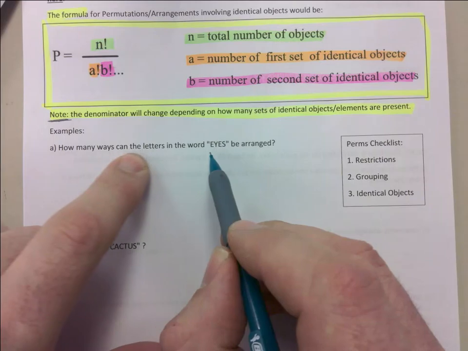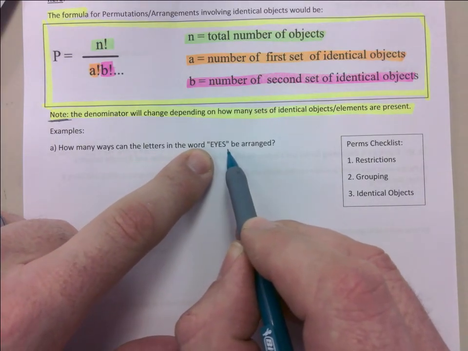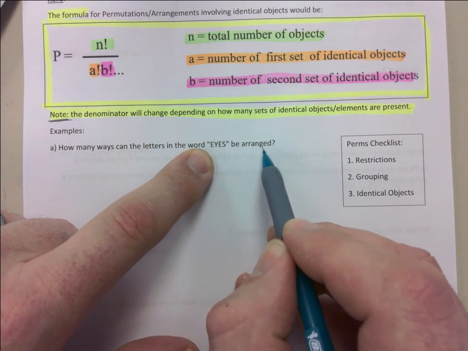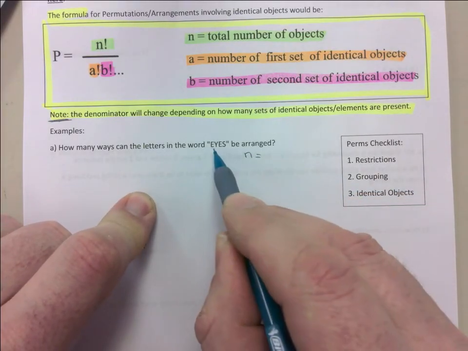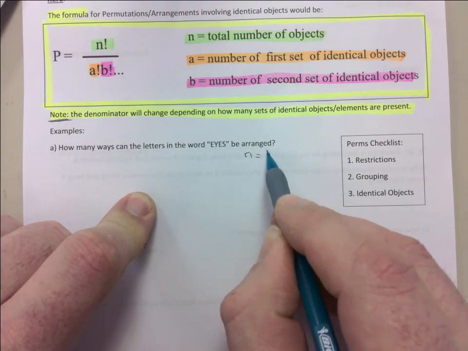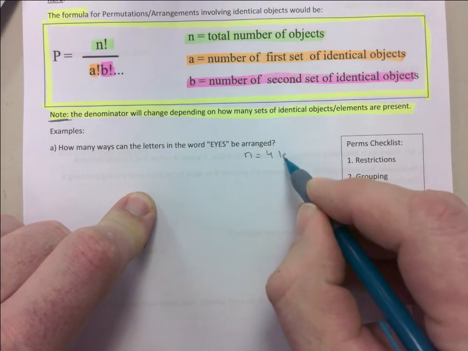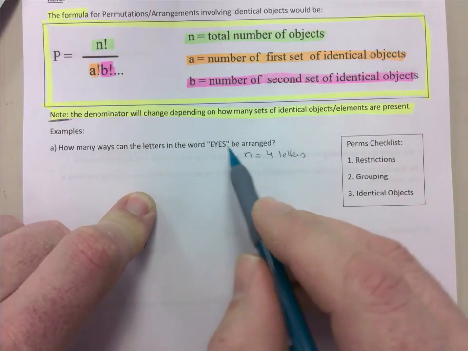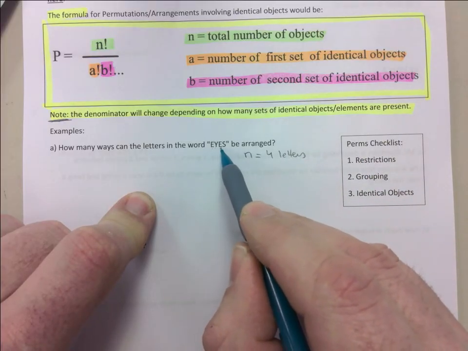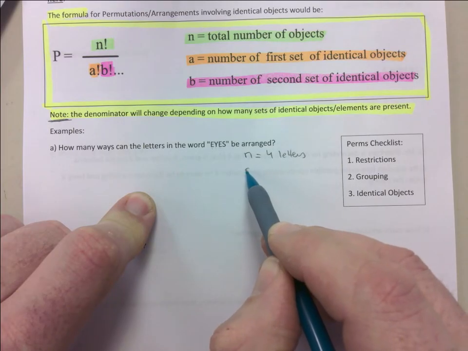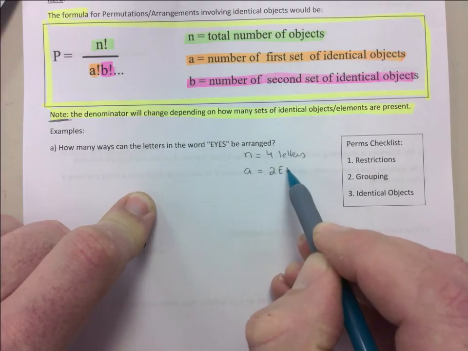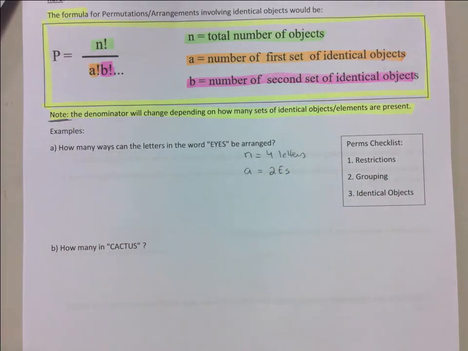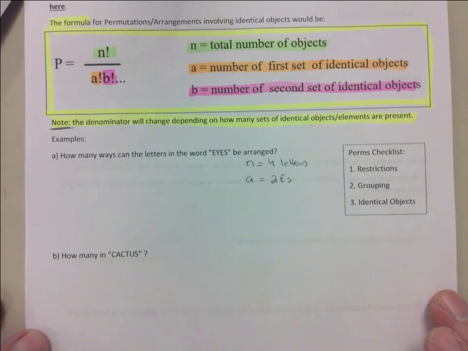So how many ways can the letters in the word eyes be arranged? What's N here? 1, 2, 3, 4 letters. And then there are 2 E's, right? So A, in this case, would be the 2 E's, my A in the formula.